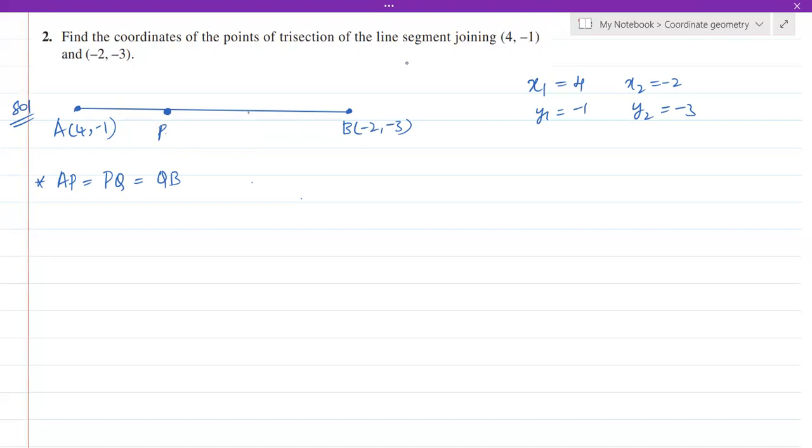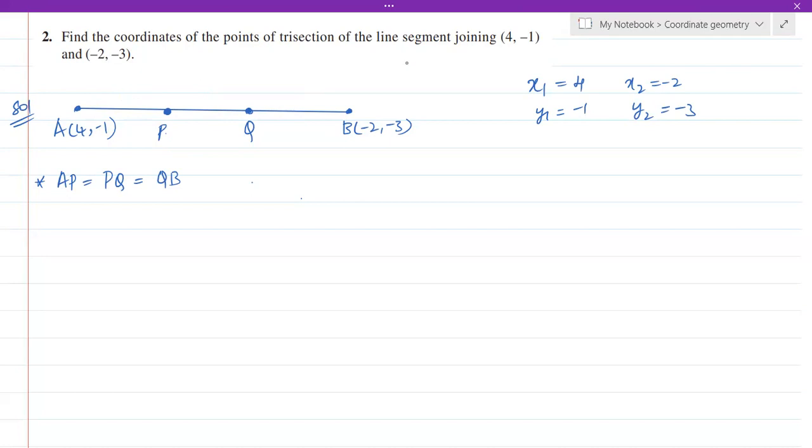Now, since all 3 parts are equal, let me take it as one equal part, one equal part, one equal part. AP, PQ, QB, all 3 are equal, isn't it? If you observe the left side of P, how many parts are there? Only 1 part is there.